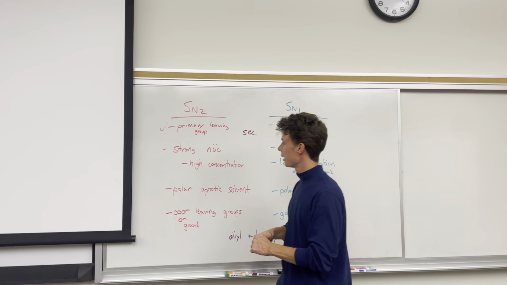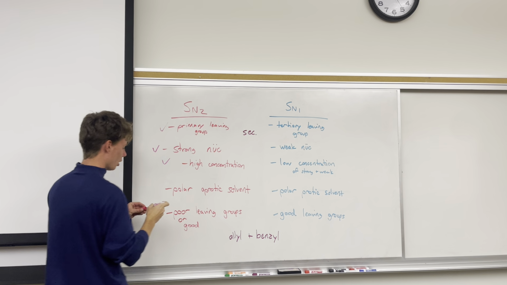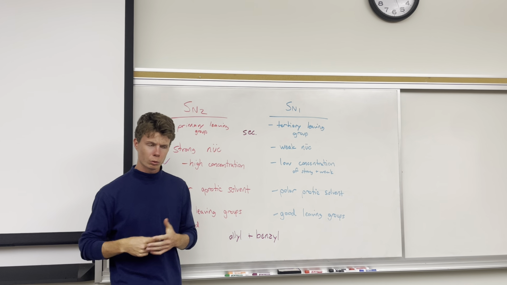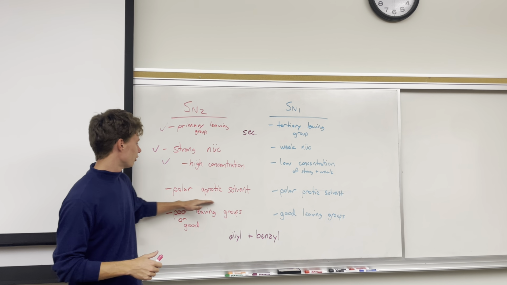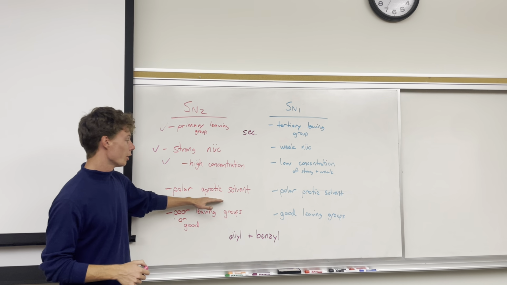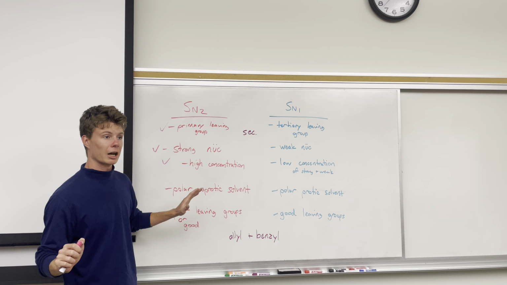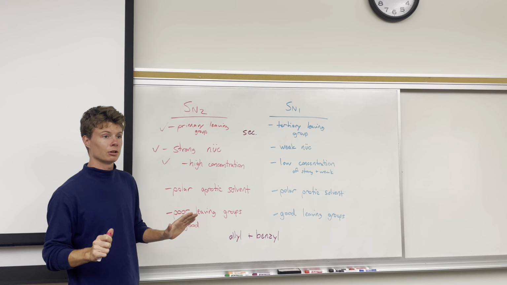I'm also going to have polar aprotic solvents. Why are those good for SN2? These are not going to interfere with the mechanism at all, where our protic solvents will. No interference with our solvent. It's not going to get in the way. Our nucleophile is not going to react with it in any way. It's just hanging out.